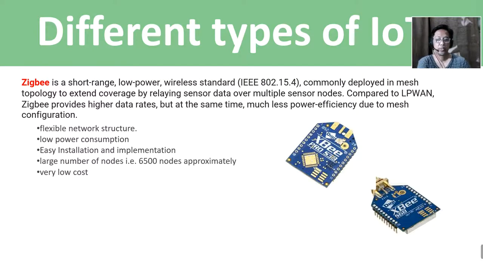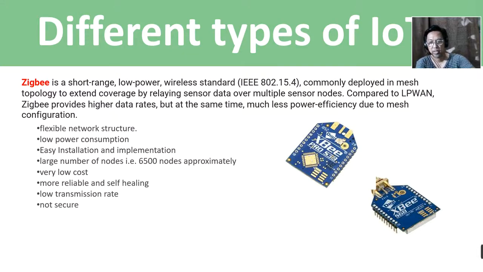Very low cost, more reliable and self-healing. Low transmission rate. This is one of the cons, and it's not secured as compared to other technologies in the list. And it does not have many end devices because it's something that you still have to program and customize.